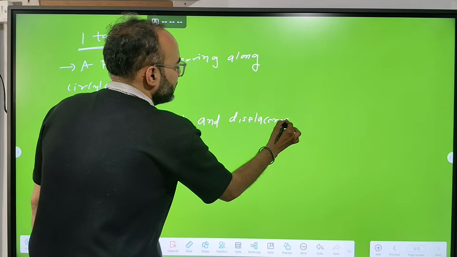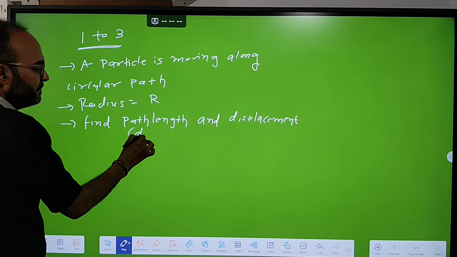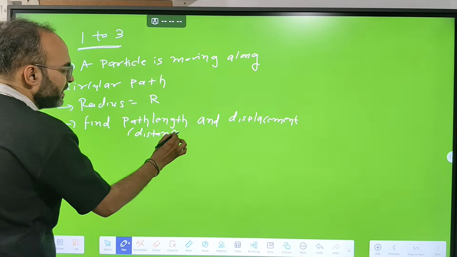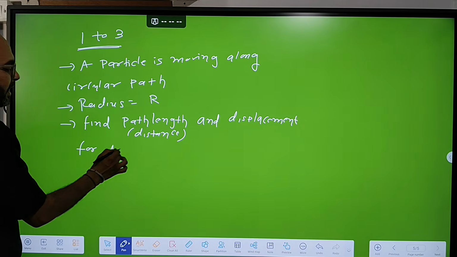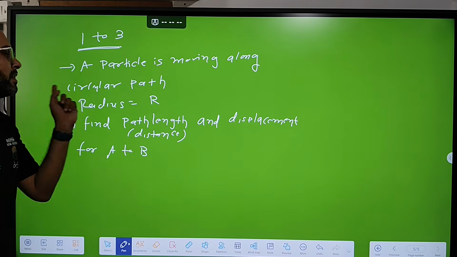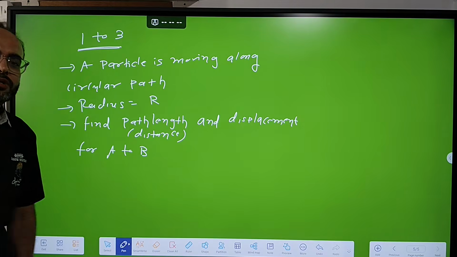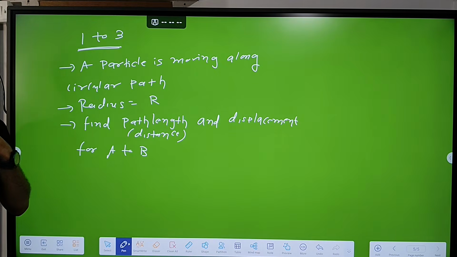Path length is also known as distance, so we want to find distance or displacement for A to B.